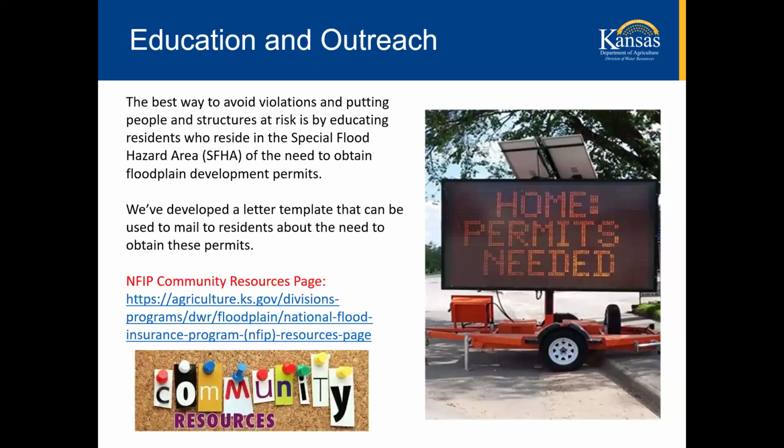Doing education and outreach once you are in the program and making people aware of the areas of risk and what's required to develop those areas is really important. The best way to avoid violations in the future, and putting people and structures at risk where they're not supposed to be or in an incorrect way, is by educating residents who reside in the SFHA and making them aware of the need to obtain floodplain development permits.